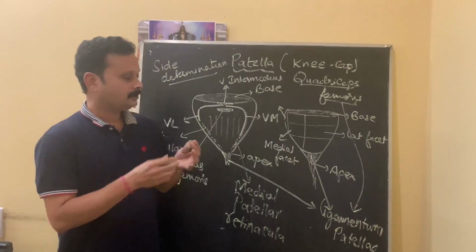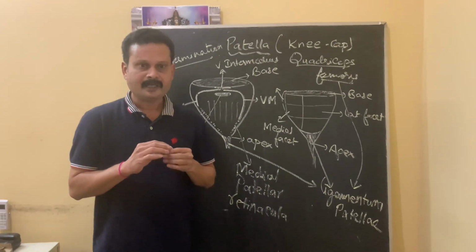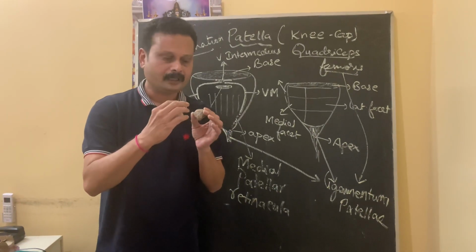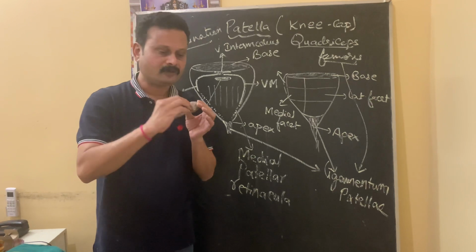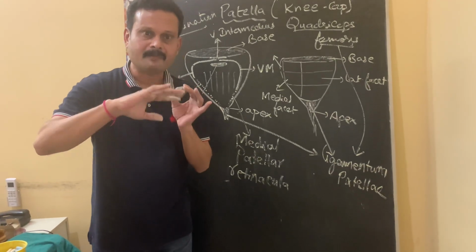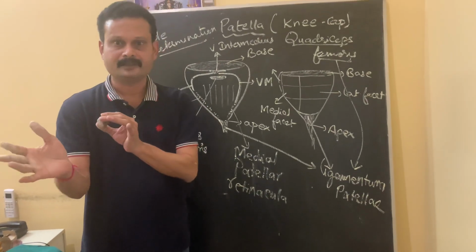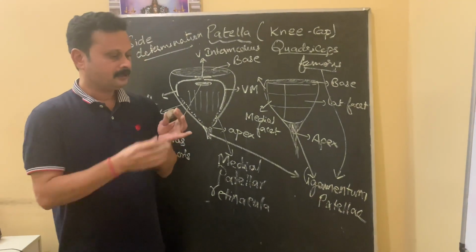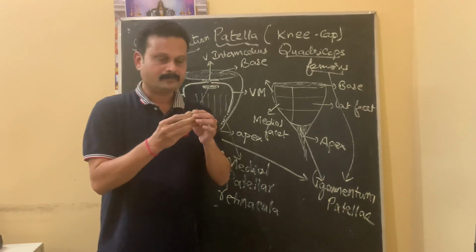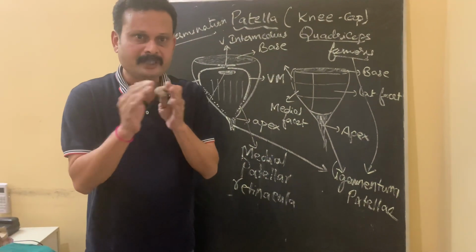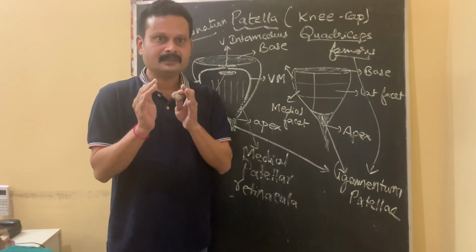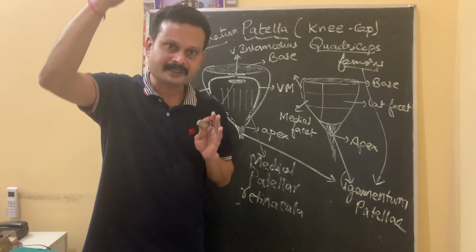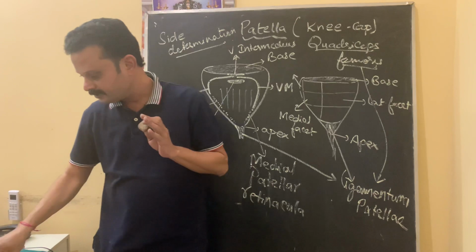Is it clear? Now coming to its applied aspect, it forms an important part of the knee joint, and it forms an important extensor apparatus of the knee. Then the patella is slightly displaced laterally, which can be appreciated only in X-rays taken in skyline view.